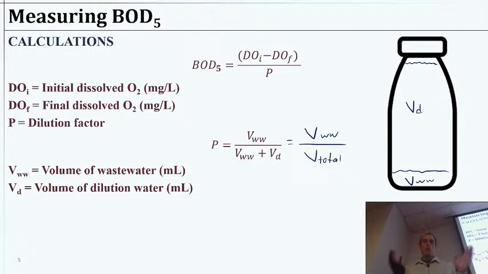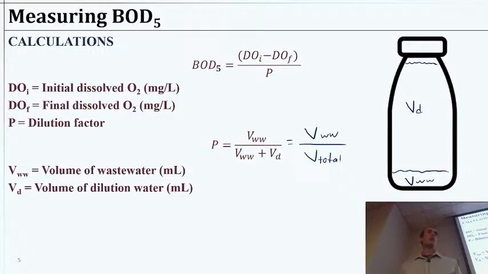Okay, so with this, we can take what we started with minus what we ended with, divide it by that dilution factor, and we'll get our answer. Pretty straightforward. And usually we will do these calculations in milliliters for the volumes. And what you'll notice is the P here, this is a ratio.